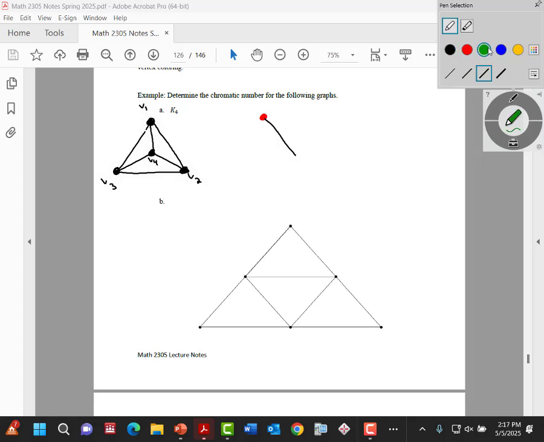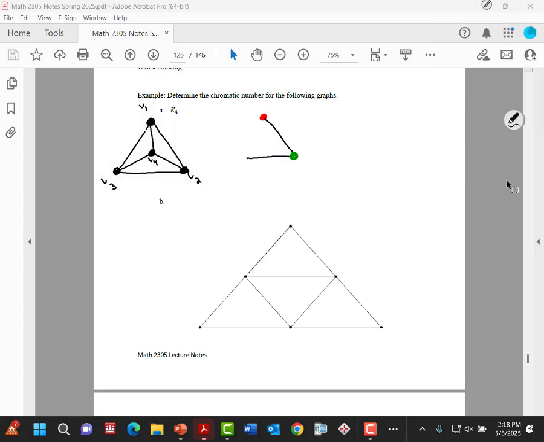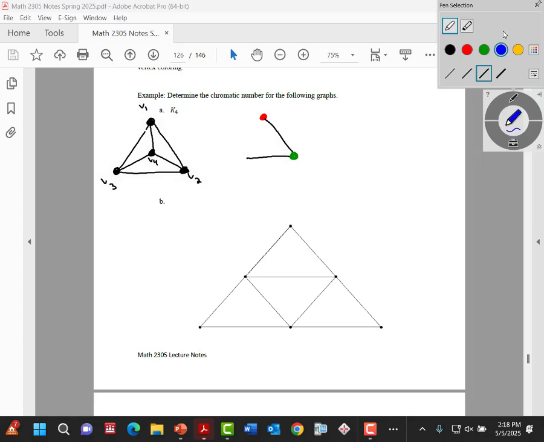So how about I color him green, like so. Now I'm going to slide over here to V3. Well, V3, since V3 is connected to V2 and V1, I cannot color him green or red. So how about I color him blue?